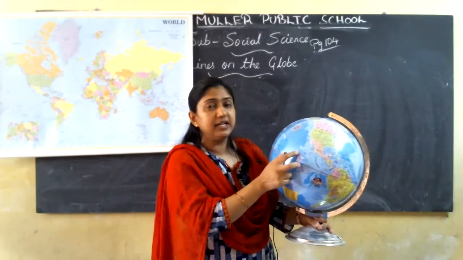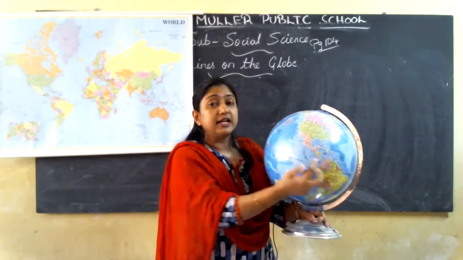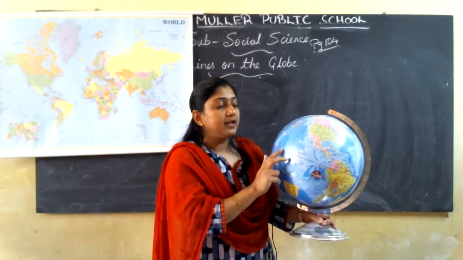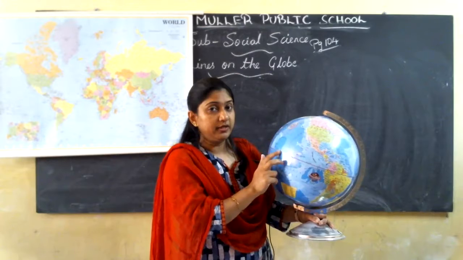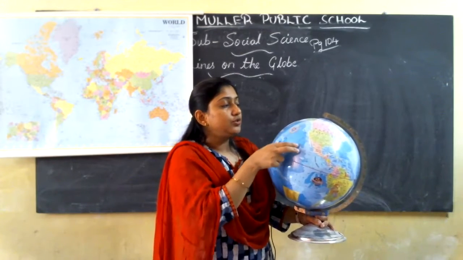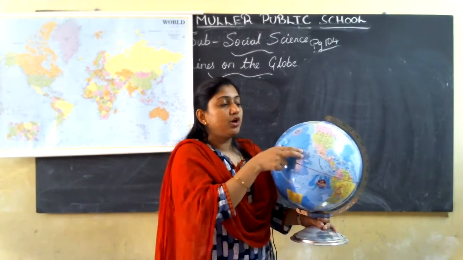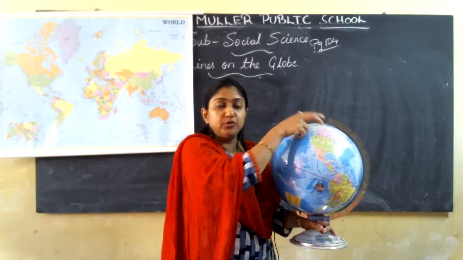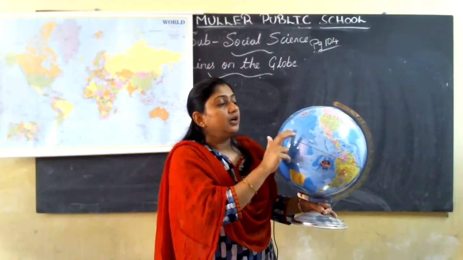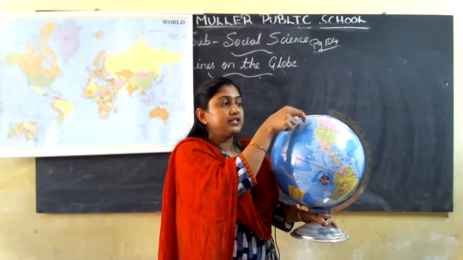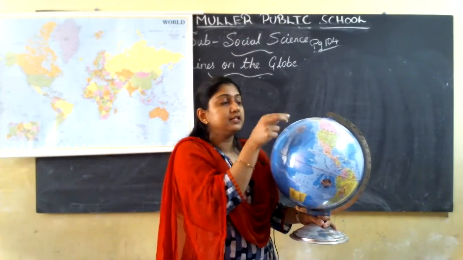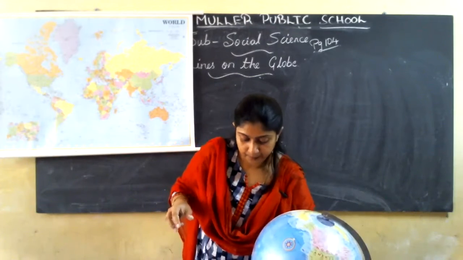But the parallel lines, they are circles that surround the globe and they are parallel. They don't meet, and also the circles reduce, that is, they become smaller as they move towards the pole. Since the globe is spherical in shape, the consecutive distance between two meridians is different.